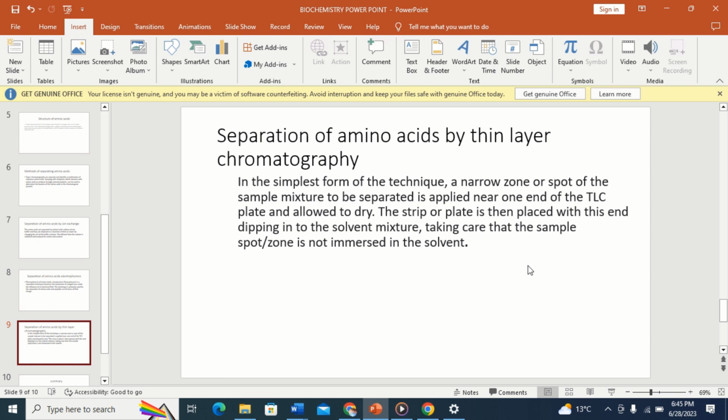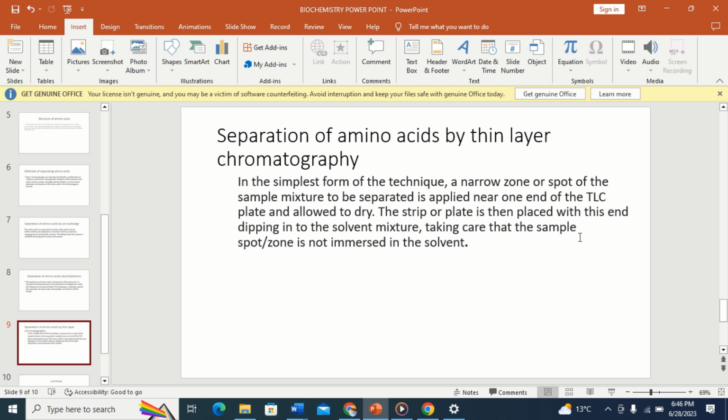In the simplest form of the technique, a narrow zone or spot of the sample mixture to be separated is applied near one end of the TLC plate and allowed to dry. That TLC, what does it mean? Thin layer chromatography.